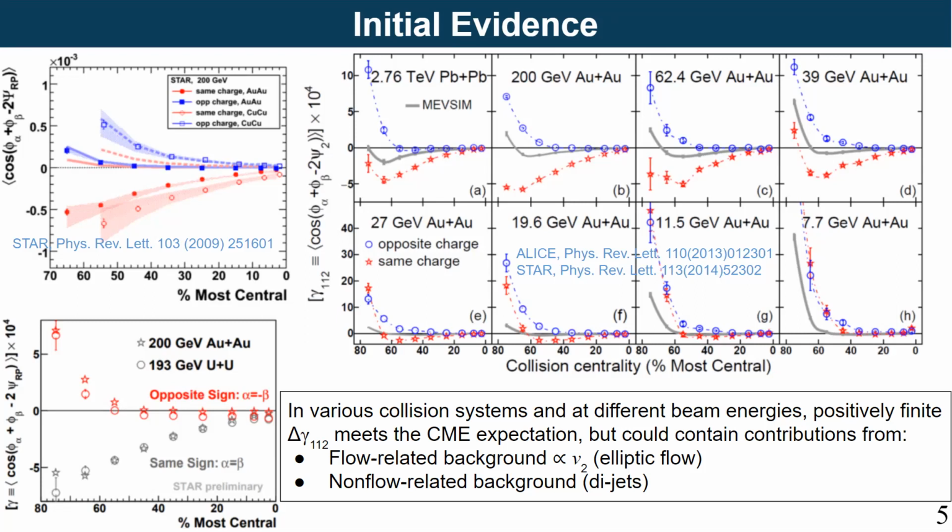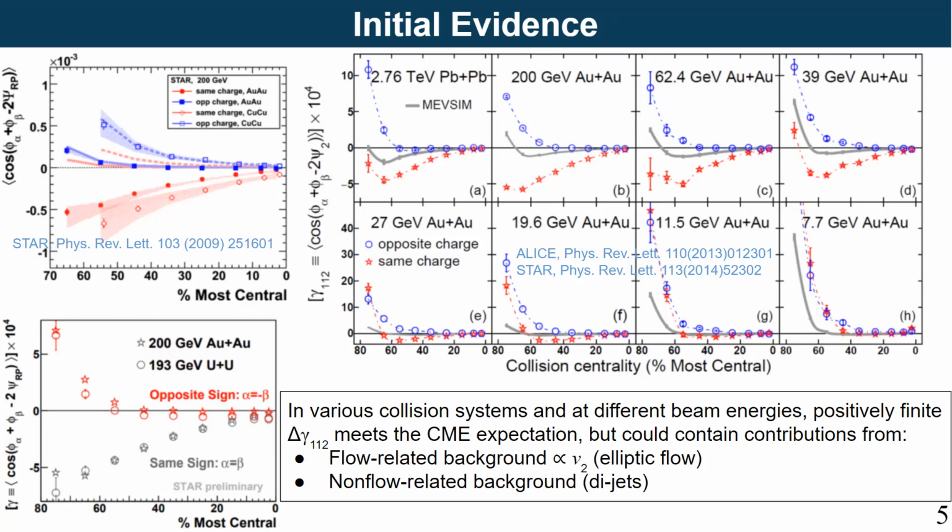This is just momentum conservation coupled with V2. It can be reproduced reasonably well with a simple model called MAVSIM. MAVSIM has no CME. It's just V2 and momentum conservation. If you look at the gray curve, it qualitatively explains this trend. That's why we should not just look at opposite sign or same sign separately. We should look at the difference. The difference will cancel out the momentum conservation background.